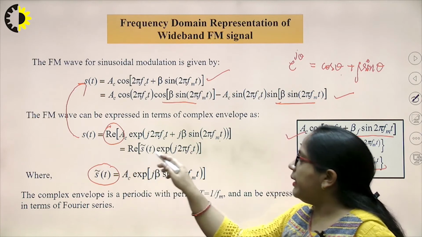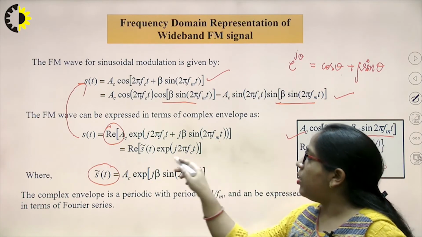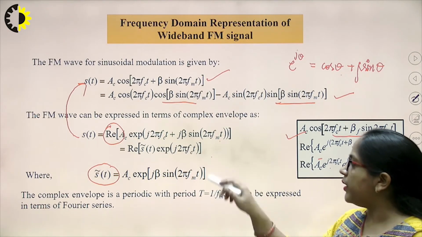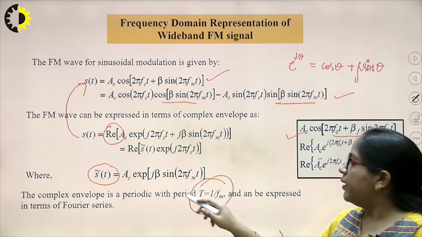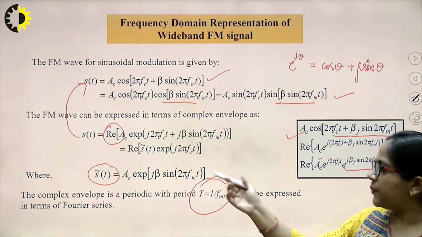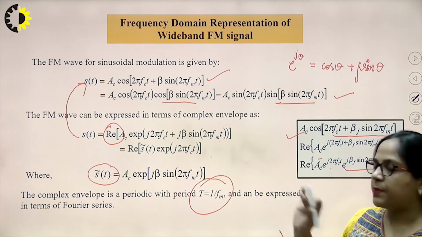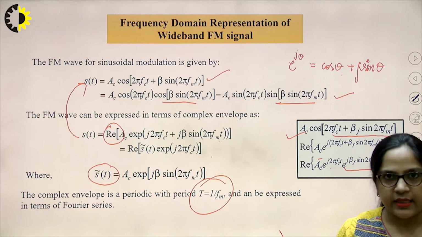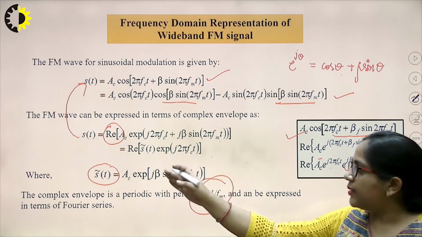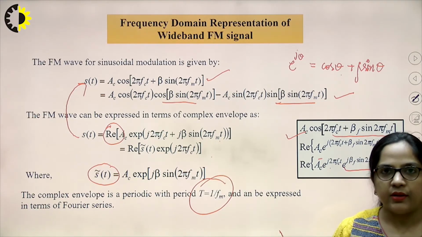Now, looking carefully, this complex envelope is periodic with the period T equal to 1 upon fm. If my signal is periodic, then it can be expressed in terms of a Fourier series. If this is a periodic signal, I can represent it as a Fourier series.